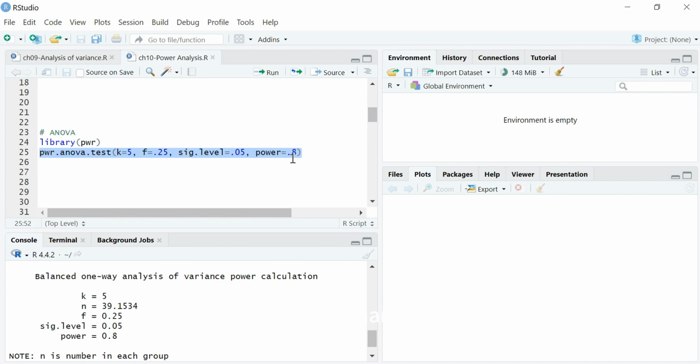So there is a 0.2 chance, 20%, that we cannot reject this size of effect even if it exists. So this is the meaning of the power analysis.